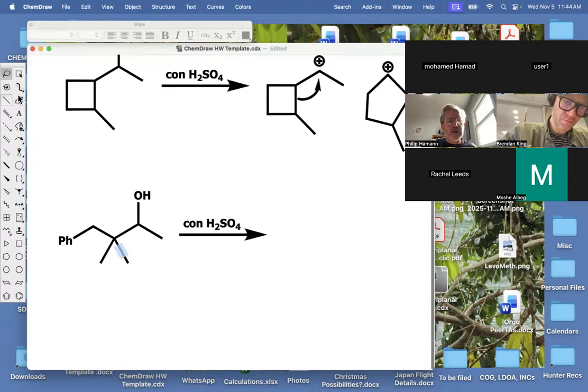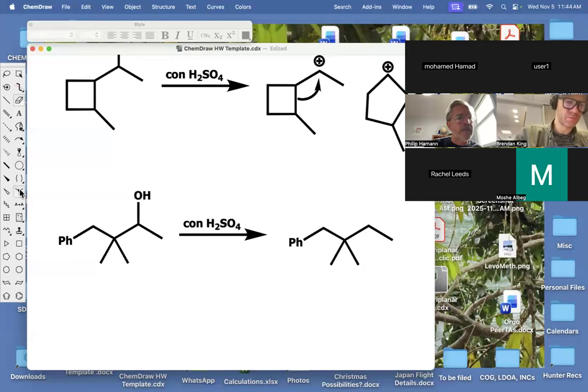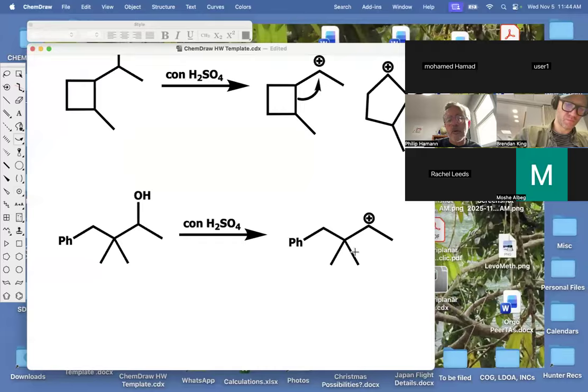The one down here, I put on, it's easier, but it's got a little complication. So, just go through it. The same thing's going to happen to give a secondary cation. One of these two carbons will shift over as the major reaction route.